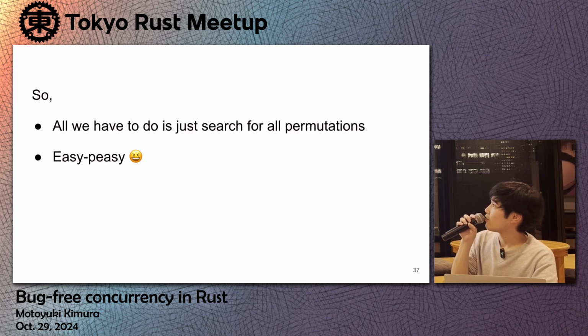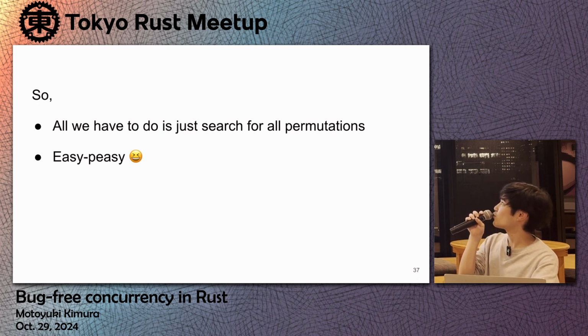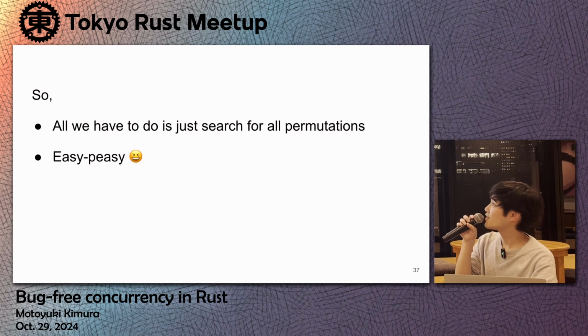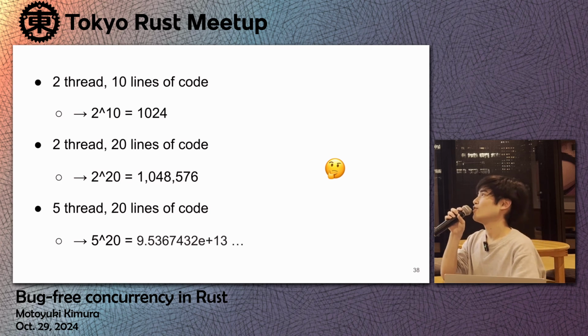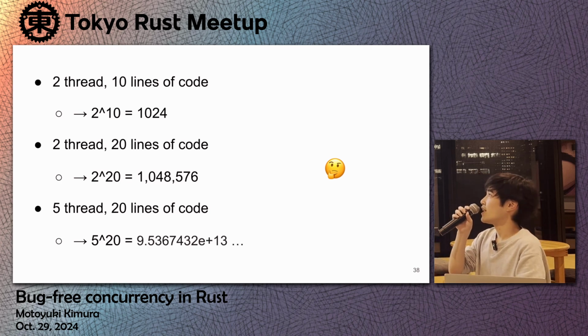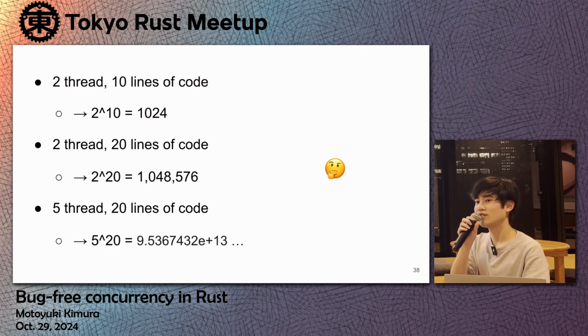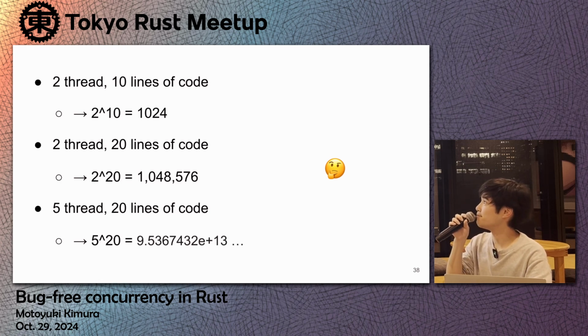So yeah, all we have to do is just search all the permutations, and I think this method itself is not so complicated. But if you're gonna do some simple math, probably the situation is not so good.